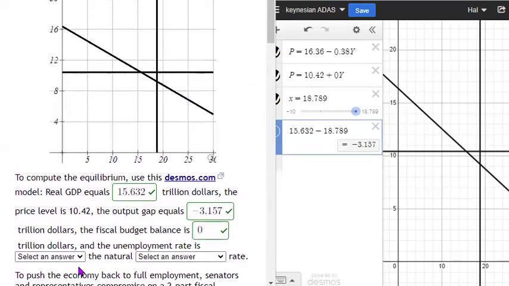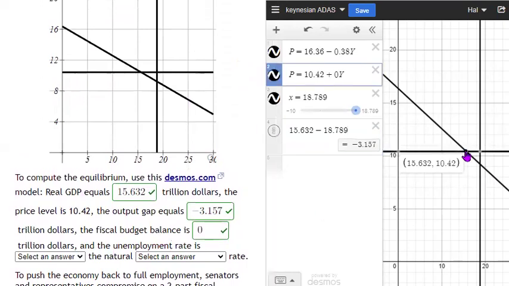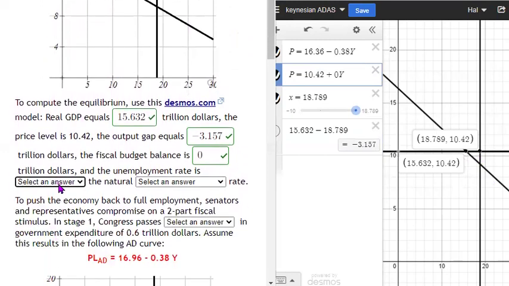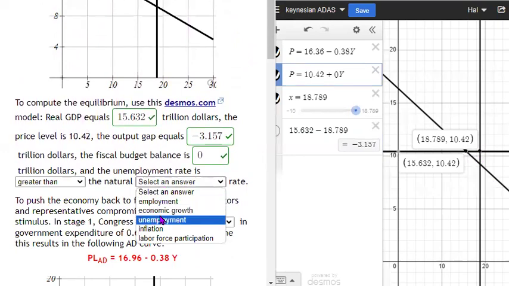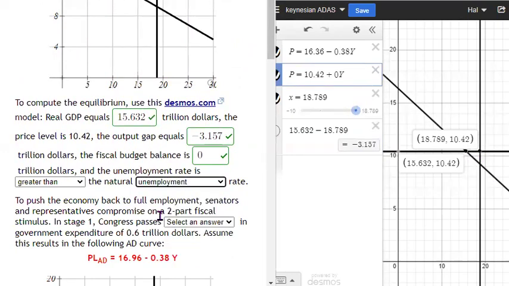In this situation, the unemployment rate is high because GDP is not where it should be. GDP is less than what it should be. When GDP is less than what it should be, then resources like labor are not fully utilized. So unemployment is greater than the natural rate of unemployment. The natural rate of unemployment includes structural unemployment and frictional unemployment.